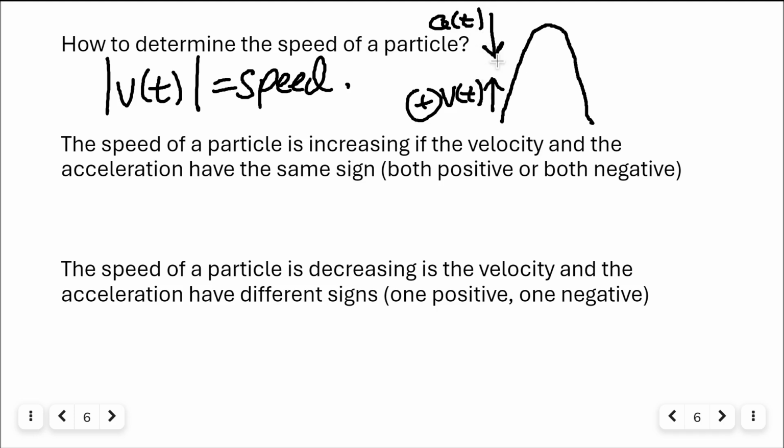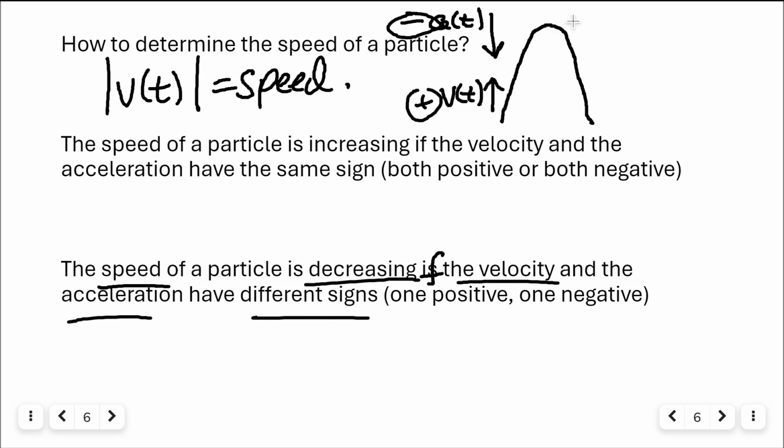So the acceleration is negative. So when the velocity and the acceleration have opposite signs, one's positive and one's negative, in either way, the speed of a particle is decreasing. If velocity and acceleration have different signs.